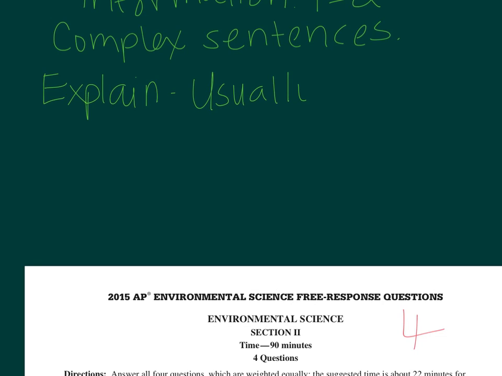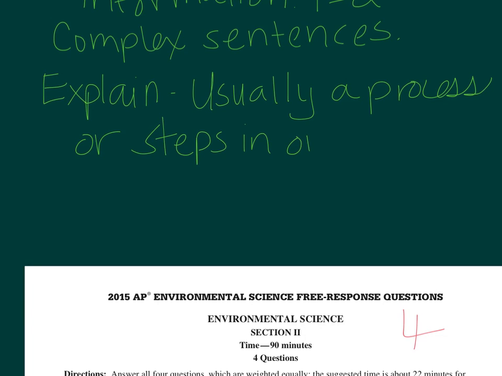So it's usually a process that you have to describe, like the process of eutrophication or how electricity is created, or some sort of steps in order. So when you see the word explain, that's an indication, okay, what kinds of process or steps can I describe? And that can give you some direction.